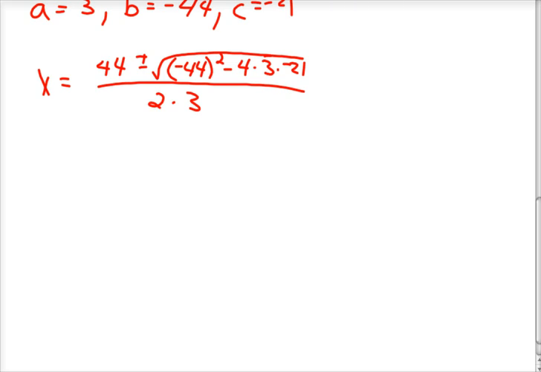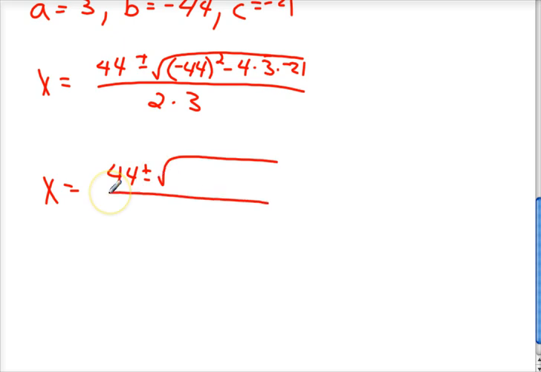Okay, so then we want to have you actually calculate the inside of the square root and write that down. Write the 44 down again, and you can go ahead and change the 2 times 3 to 6. But you're going to calculate the inside of the square root. Just plug that in your calculator.